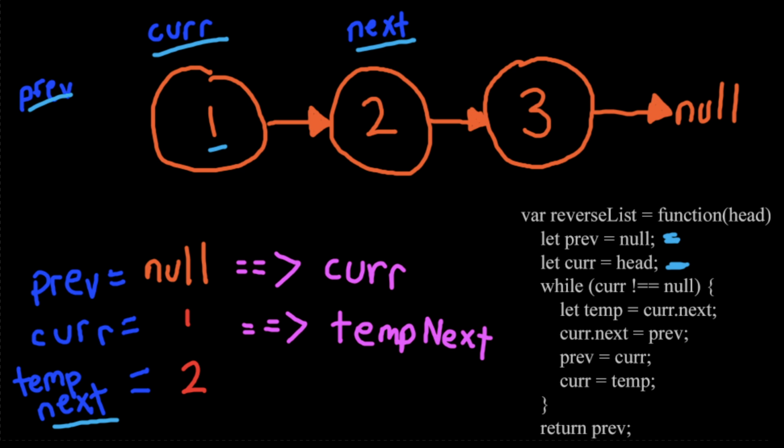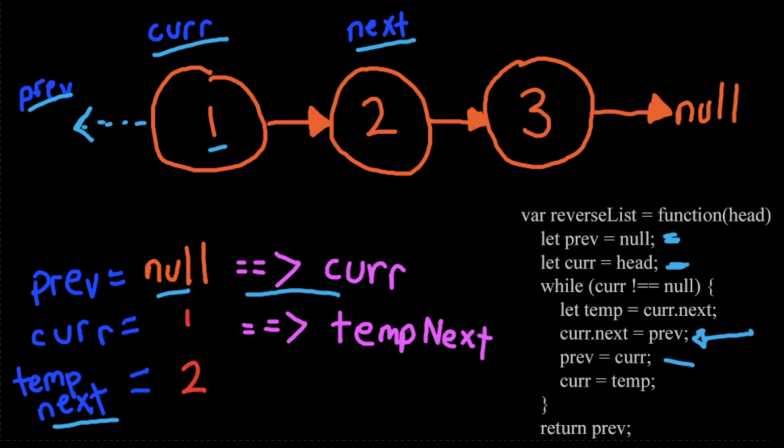And so the next step is to have current point to the previous, right? So that will end up being like this. We'll draw a dotted line. Meanwhile, previous becomes current. So you see that previous was null, and it's going to become current.